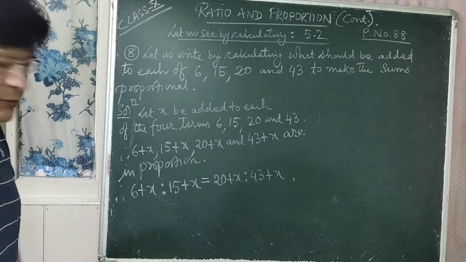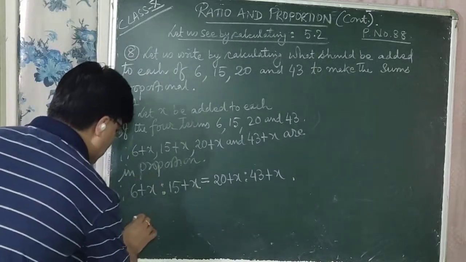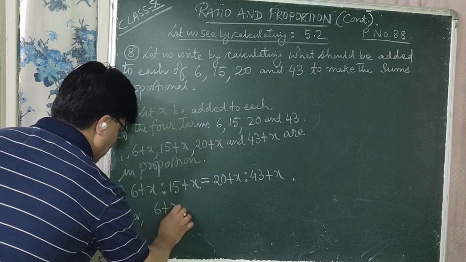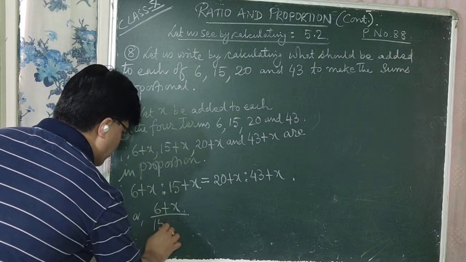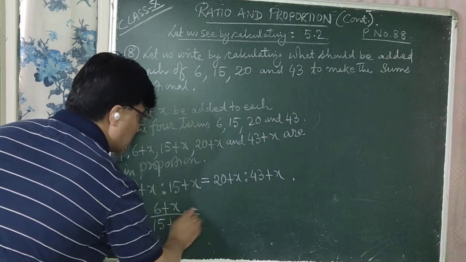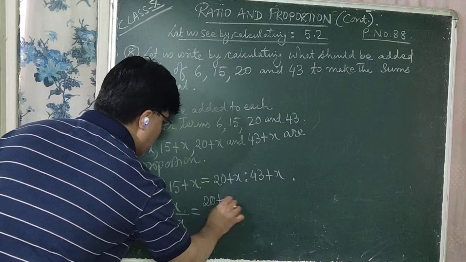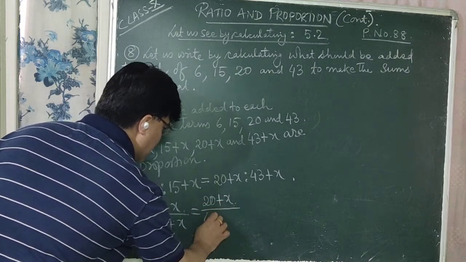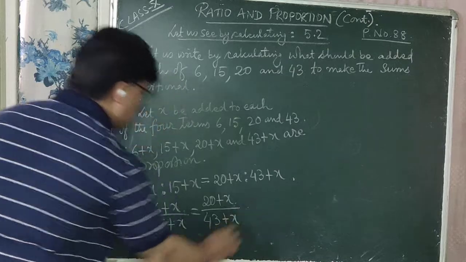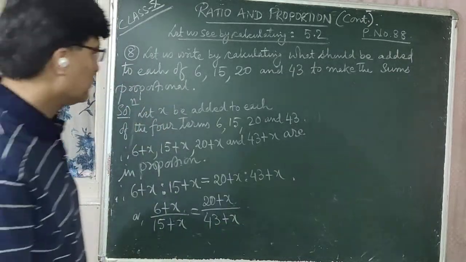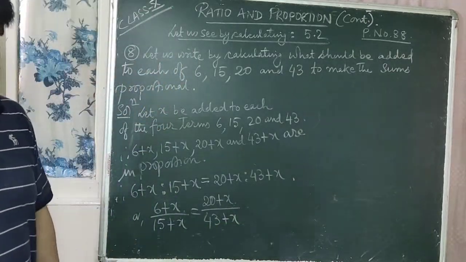Is that clear now? Ratio can be written in terms of fraction. That is, 6 plus x divided by 15 plus x is equal to 20 plus x divided by 43 plus x.